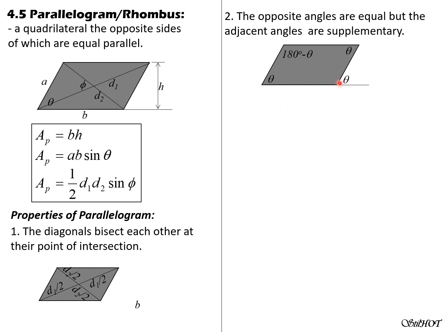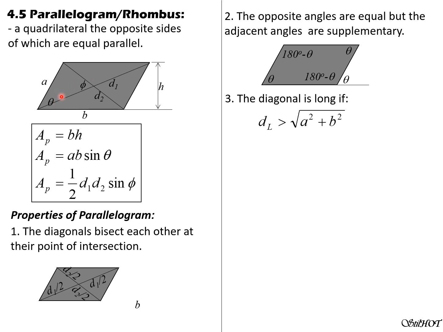So that's 180 degrees minus theta, 180 degrees minus theta. Then the diagonal is long if it is greater than the square root of a squared plus b squared. Of course, if it is longer than the square root of a squared plus b squared, remember that's longer, and it is the long diagonal.